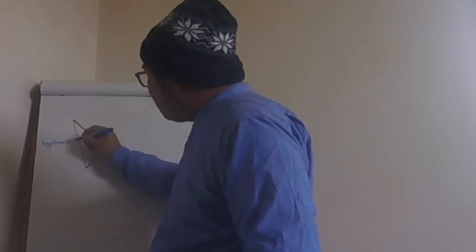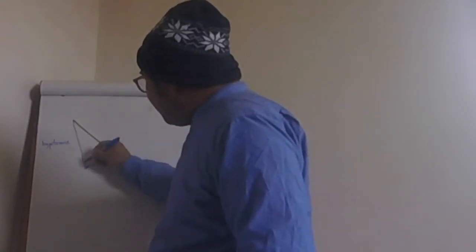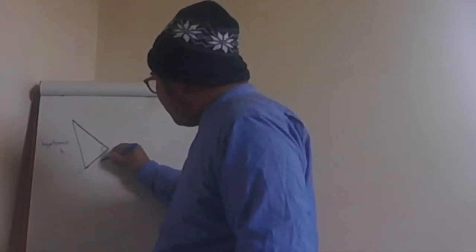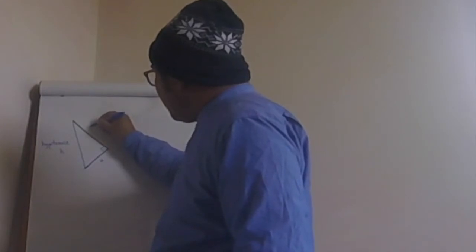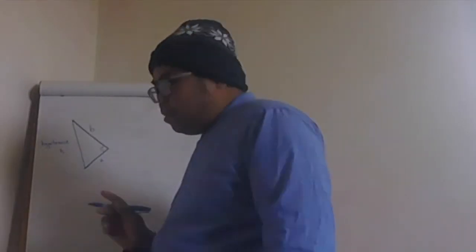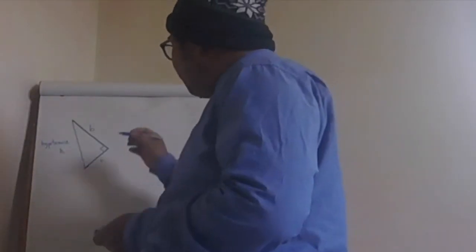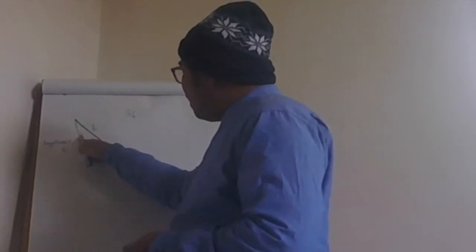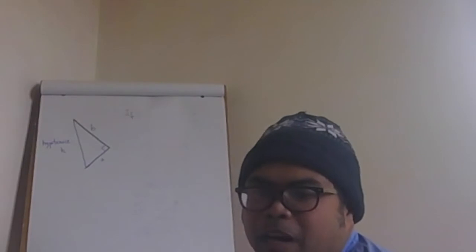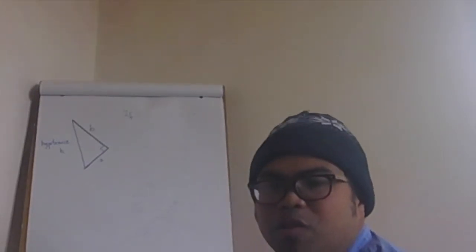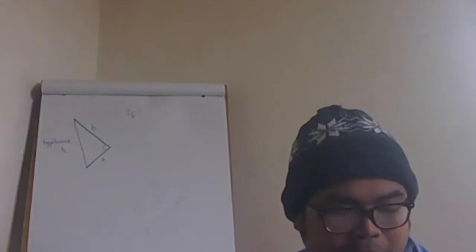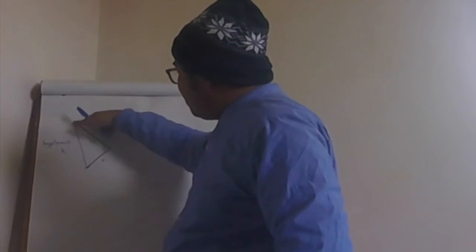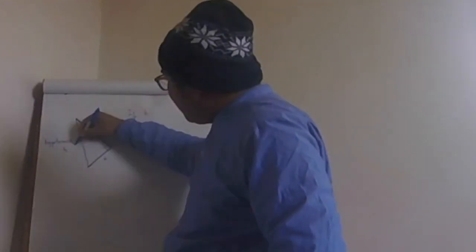Now this one, I'm going to call the line H. This is H. Now this one we called yesterday A, and this we called yesterday B. Now here's the question: if I give you the longest line and one of the shorter sides, I want you to calculate the other side.